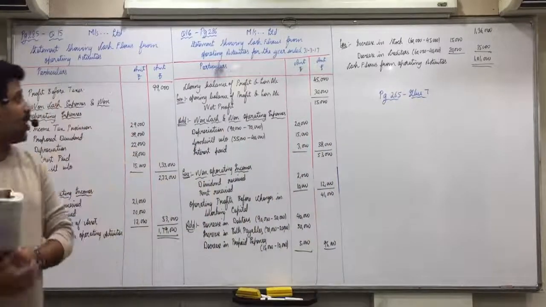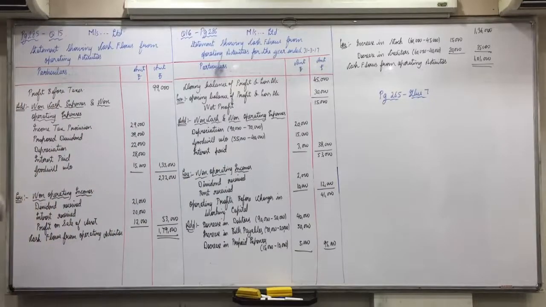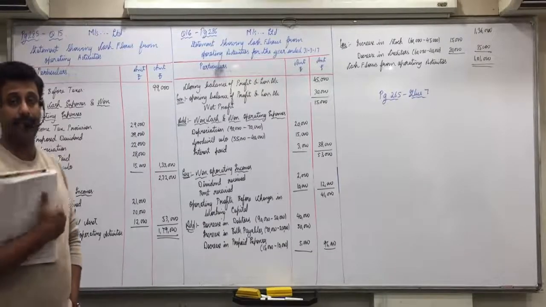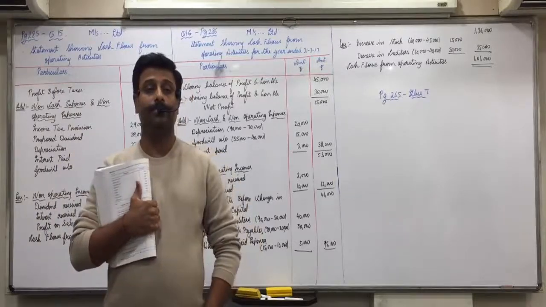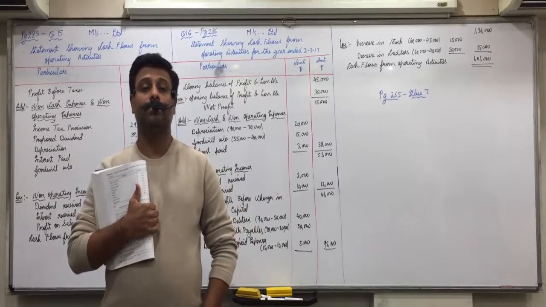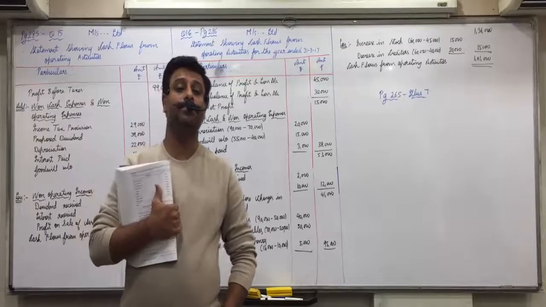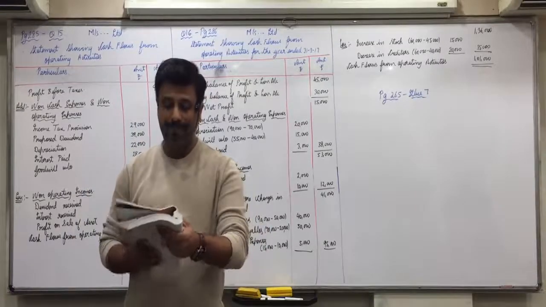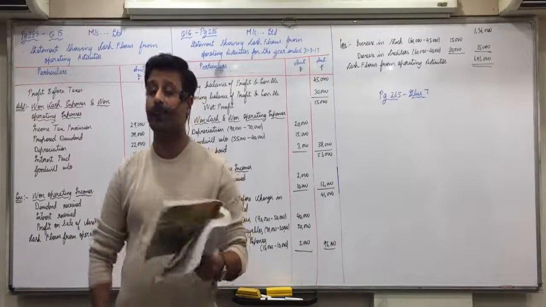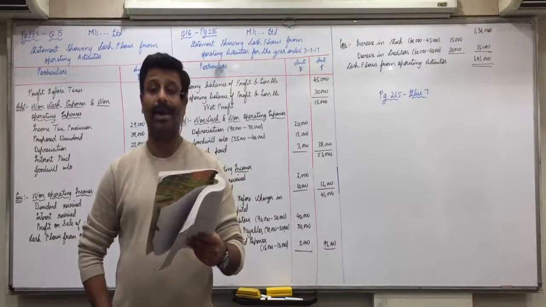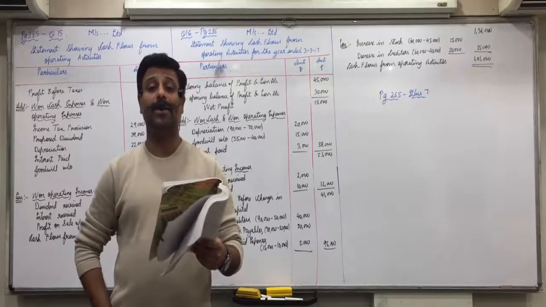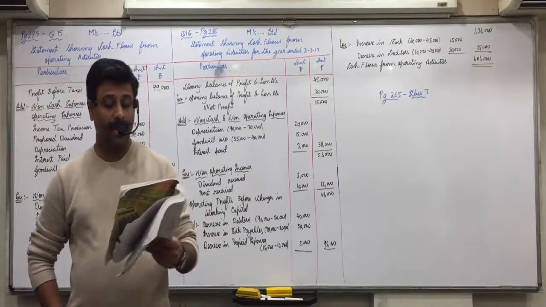Raise your hand if you are still solving question 16. From the following information and balance sheet of 2 years of Nirav company, calculate cash flows from operating activities. Listen carefully now.